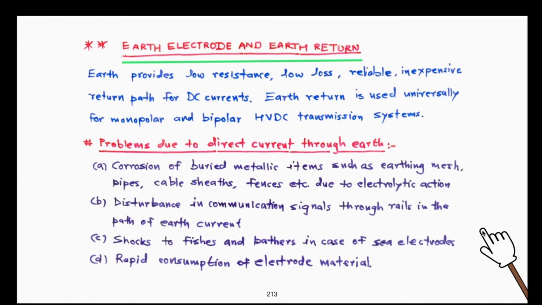But in case of a bipolar HVDC link, there is a possibility that if there is a fault on one of the poles, maybe the positive pole or the negative pole, positive line or negative line, the converter control strategy and mechanism is such that it is possible to use ground as a return path, enabling uninterrupted power flow over the transmission line with ground as a return for an extended period of operation.